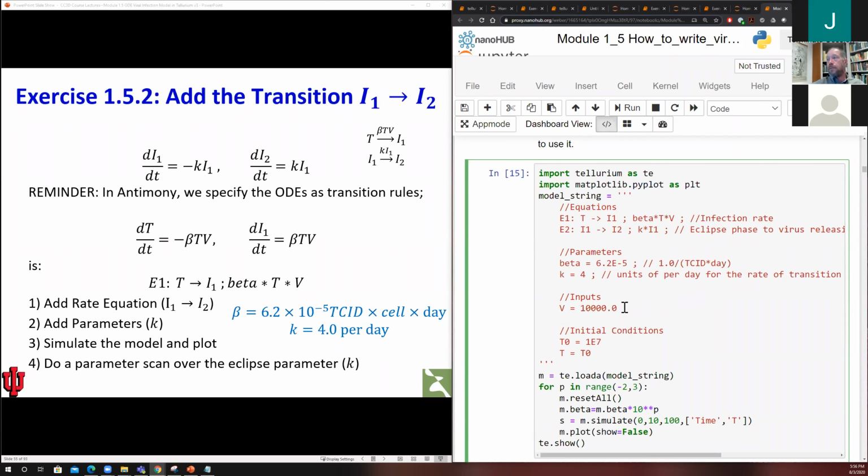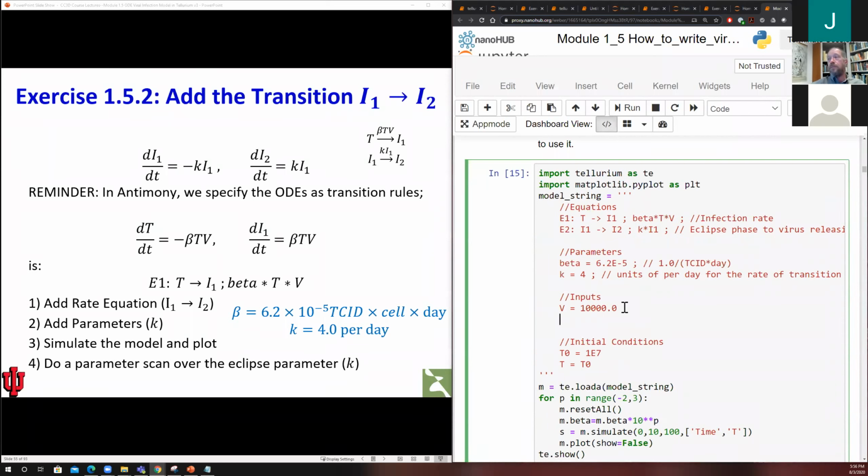Okay, and now I have a new variable, which is I2. I should have had I1 set to 0.